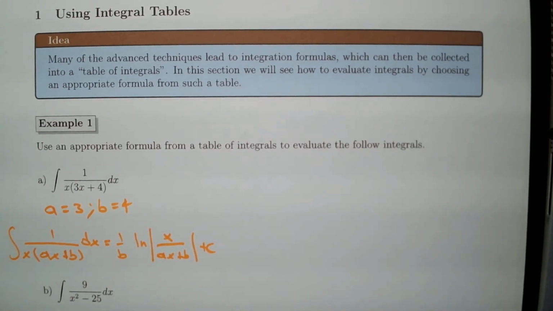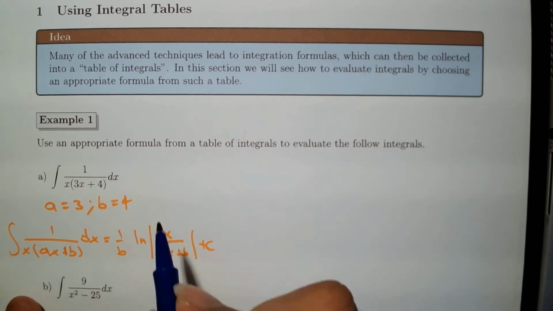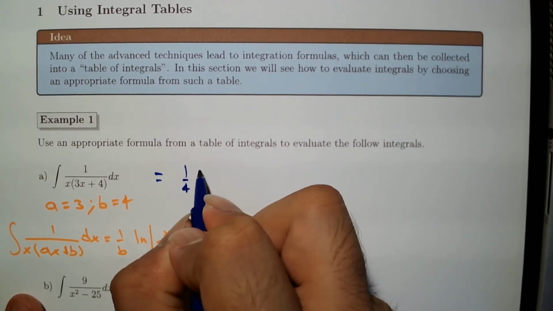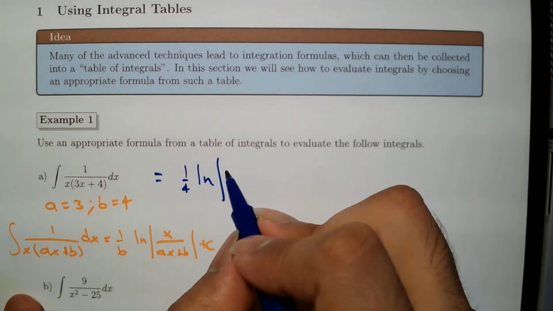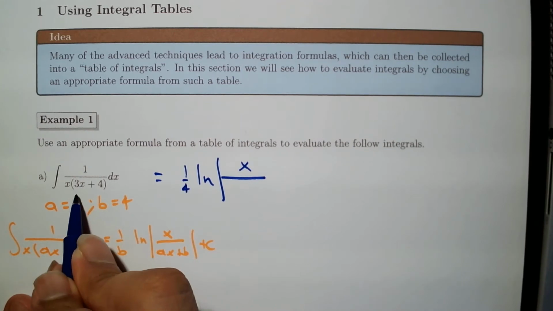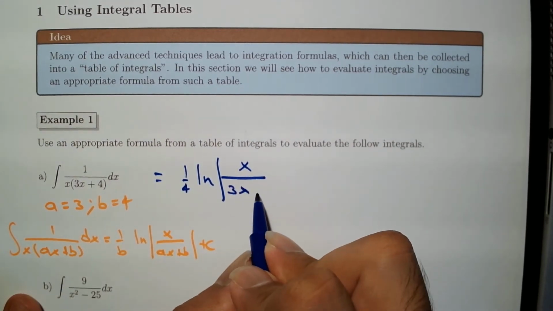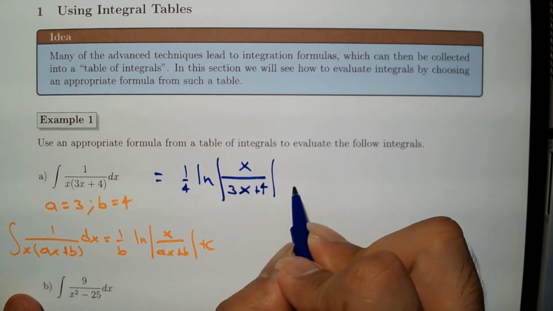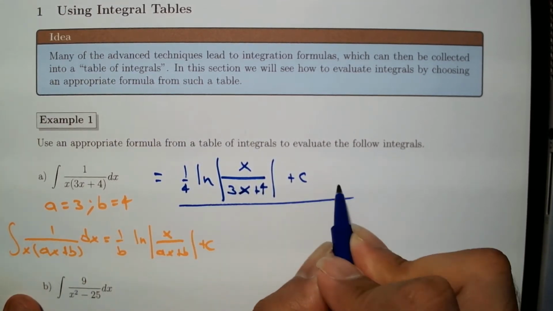Okay, so all we do is 1 over b, which is 1 over 4 or 1/4, ln of absolute value of x divided by ax plus b, which is 3x plus b, which in this case is 4. And that's about it.